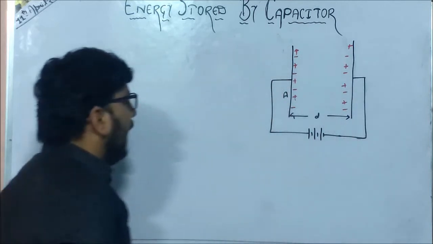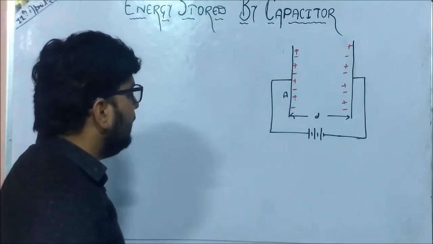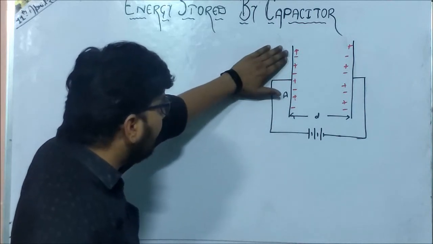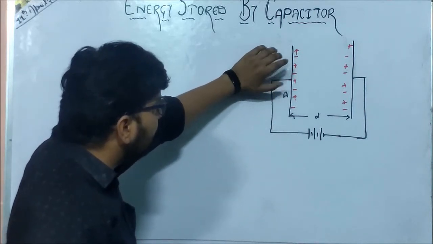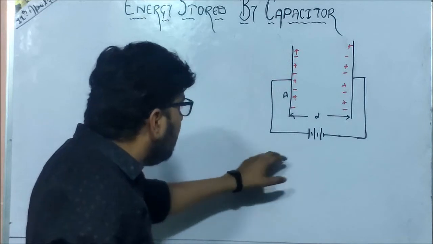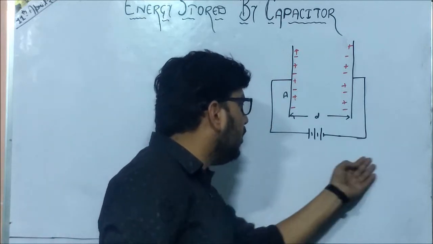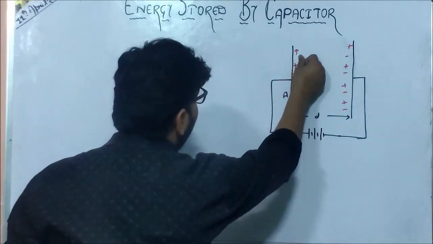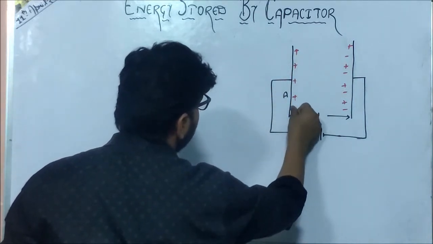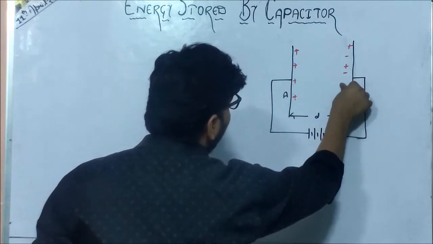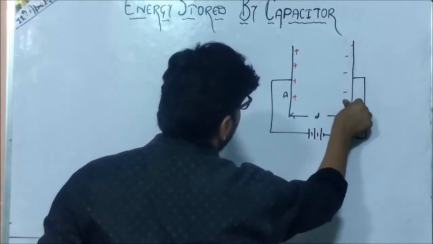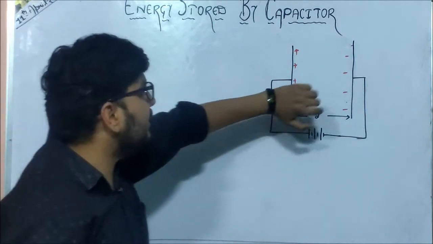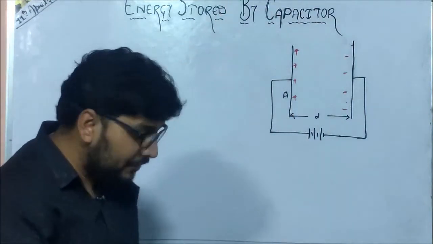When we connect the battery across the plates, the positive terminal of that battery will start attracting the electrons from this plate, and these electrons will go to this side of the plate. So this plate will lose electrons and this plate will gain electrons. So this plate will have a positive net charge and this plate will have a negative net charge.